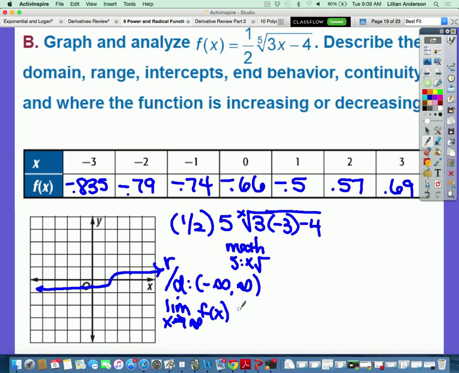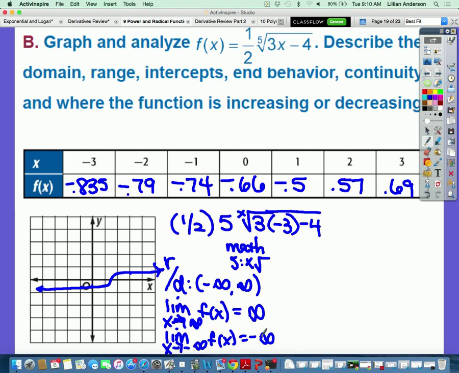Increasing, going to infinity. And your left end behavior, as x approaches negative infinity, you're going towards negative infinity. Again, very similar to a cubic. It is odd, so cubics, fifth roots, seventh roots, and so on have similar end behavior.